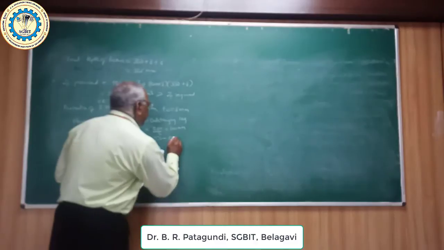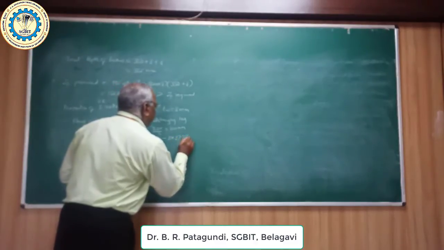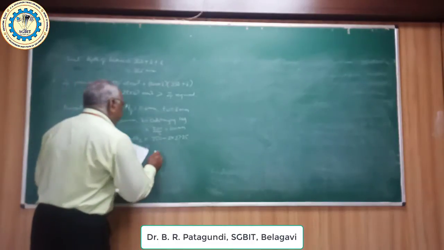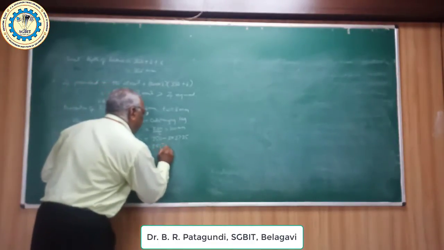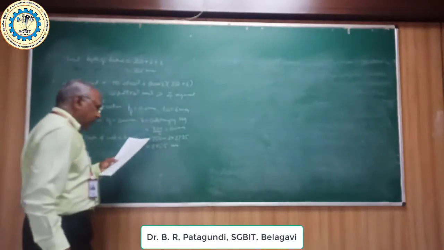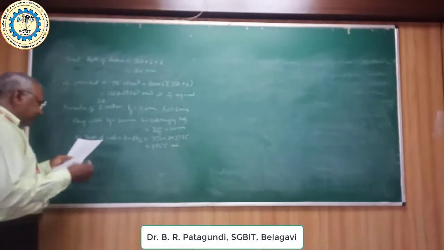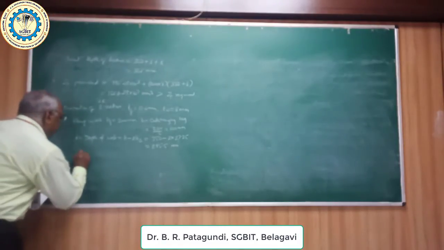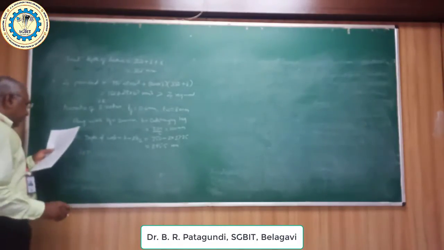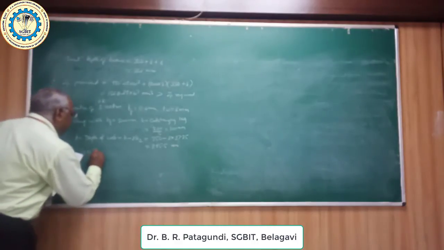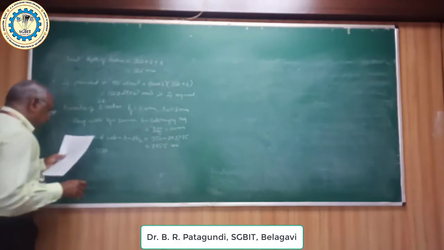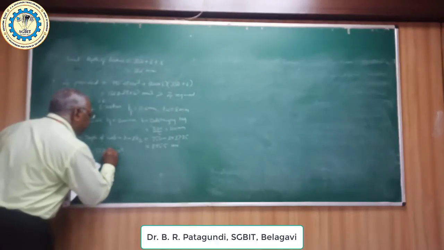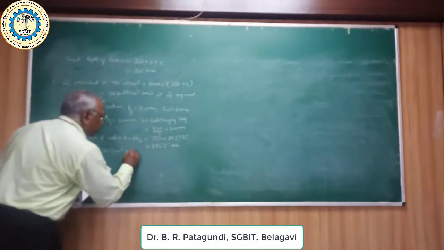27.25 is H2. So D equal to 295.5 millimeters, that is the depth of the web. Then IZ, moment of inertia of the section, is equal to 15521.7 into 10 power 4 millimeter raised to 4.